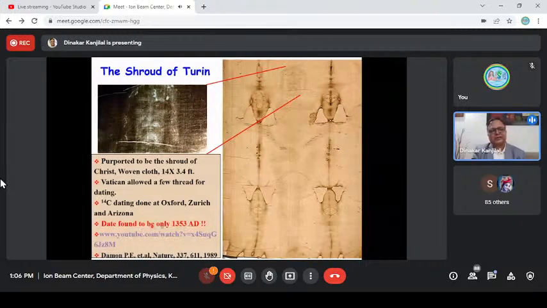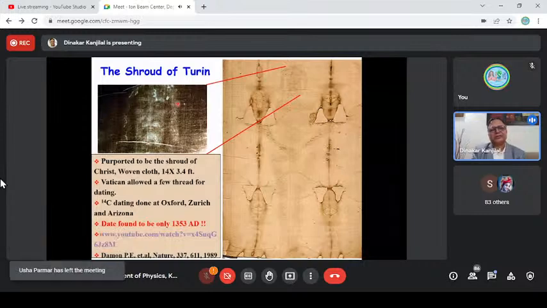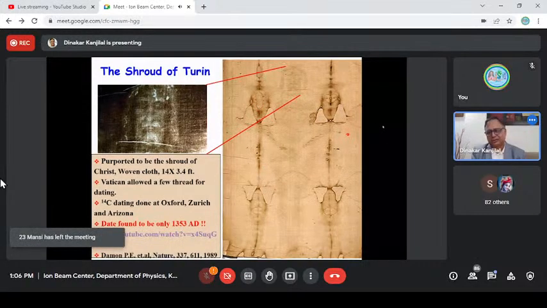Similarly, the dates found, when done correctly, are within 0.2 to 0.5% accuracy, similar date. It was found to be 1300 years back. So it cannot be the Jesus shroud, which was claimed, and all kinds of things were claimed. And these details came in Nature also.